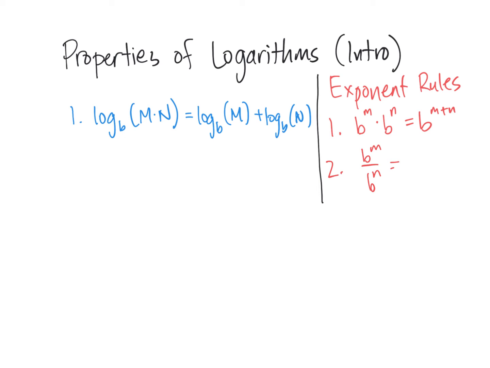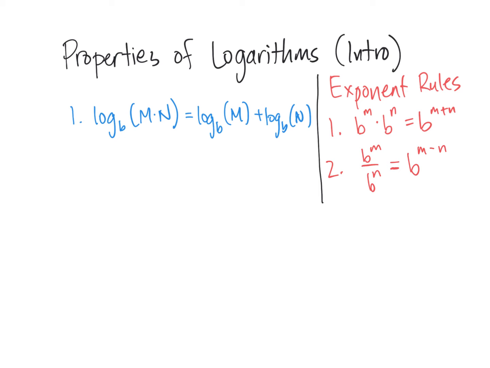If I'm dividing 2 things that have the same base, just like multiplying, well, the opposite of multiplying is dividing, and so therefore the opposite of adding is I can subtract those 2 exponents. There's a couple ways you can think about and talk about it, but let's just keep it simple. Let's just do top minus bottom.